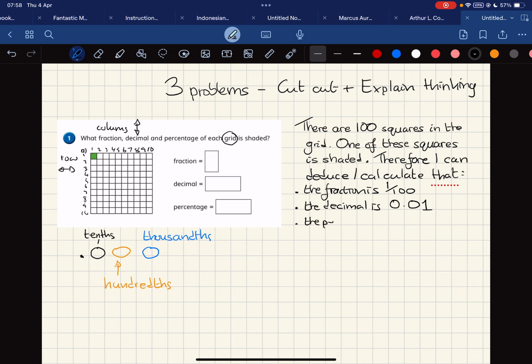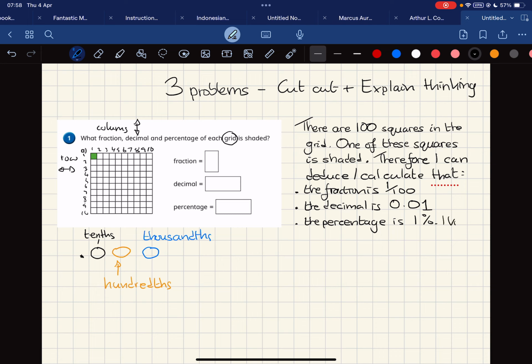Okay? And the percentage is 1%. So why is it 1%? Now again, you can do this visible thinking here in addition to. So the percentage is 1%.